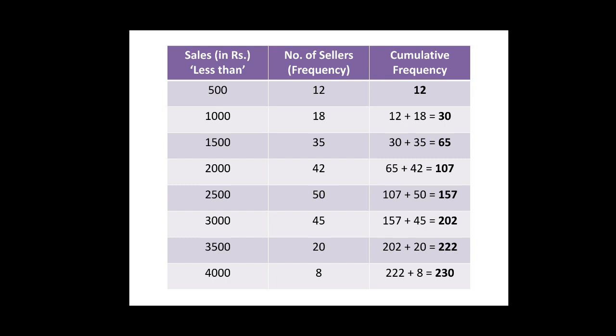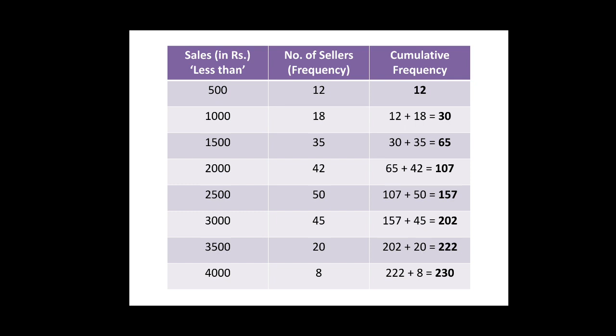Dear students, similarly, we calculate the cumulative frequencies for the rest of the classes. So we have got a column of cumulative frequencies as 12, 30, 65, 107, 157, 202, 222, and lastly 230.